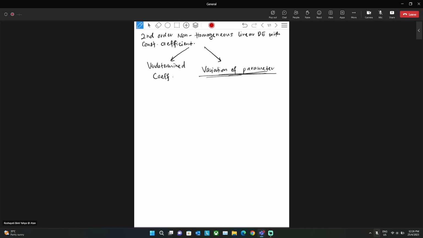So for variation of parameter, the condition in order to use this technique.